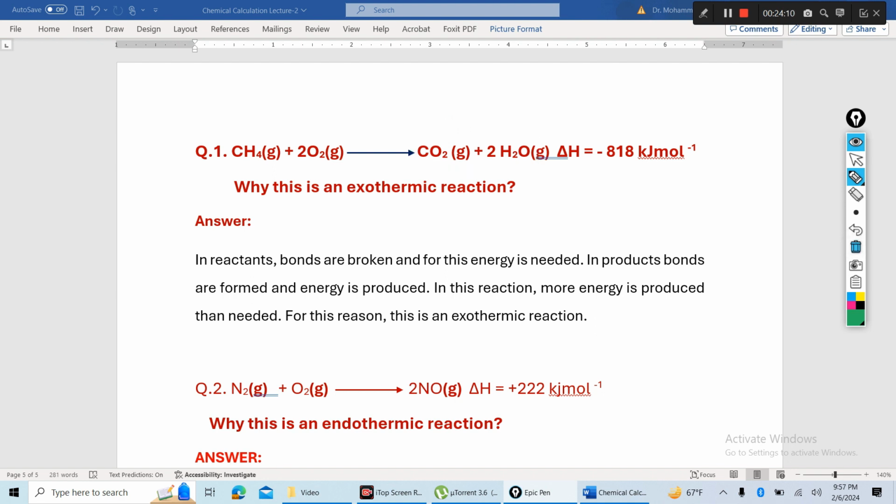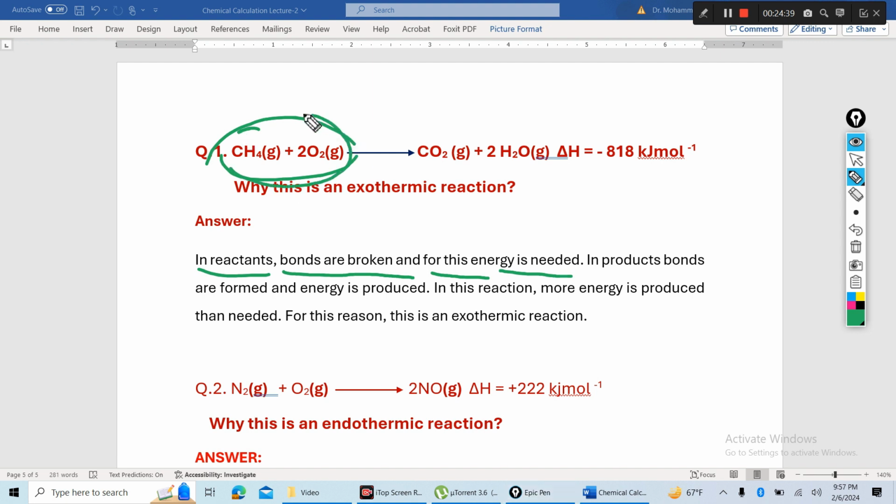So you know, to break something, energy is needed. And when new bond forms, energy is released. So now you see, this is the reactant, bonds are broken and for this energy is needed.